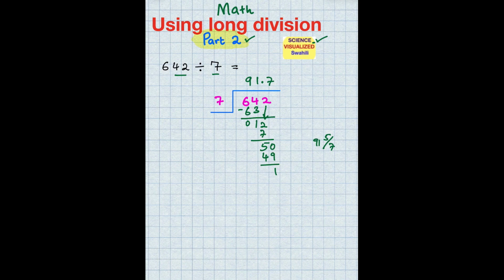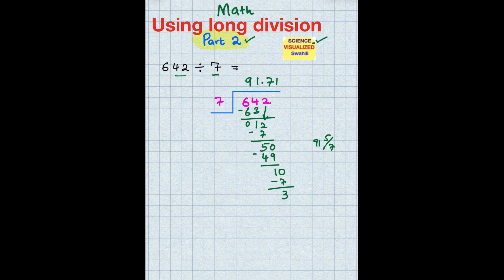Because we already have a decimal here, we don't need to put another decimal in that position, so we just add a 0, and 7 can go into 10 one time, that gives you 7. When you subtract that, you get 3, and because 3 is lower than 7, you add a 0 again, and 7 can go into 30 four times, which gives you 28.